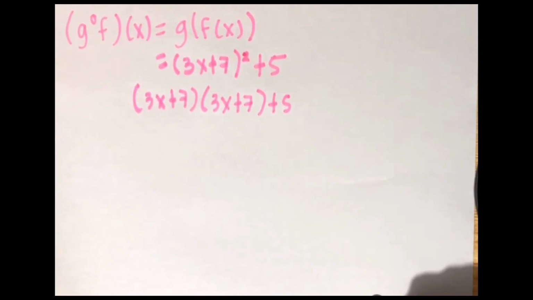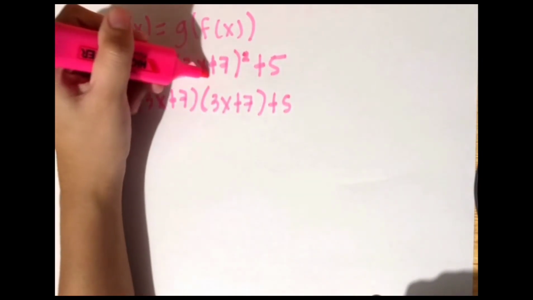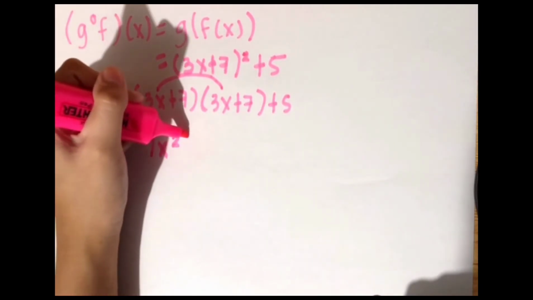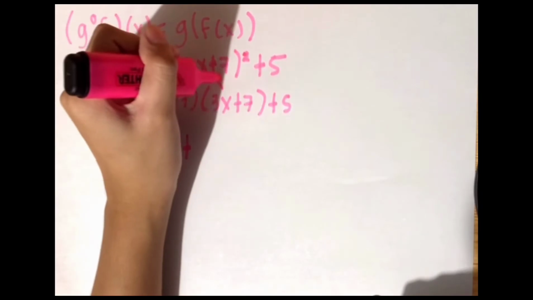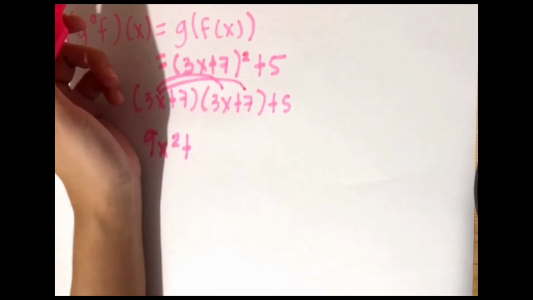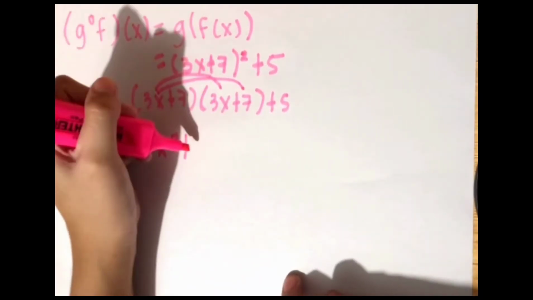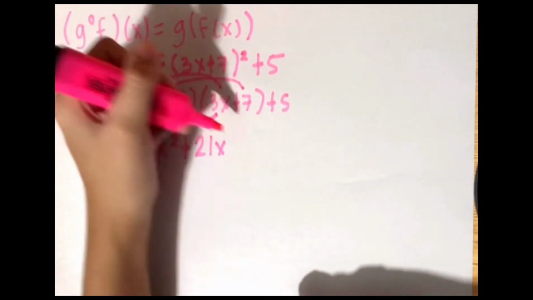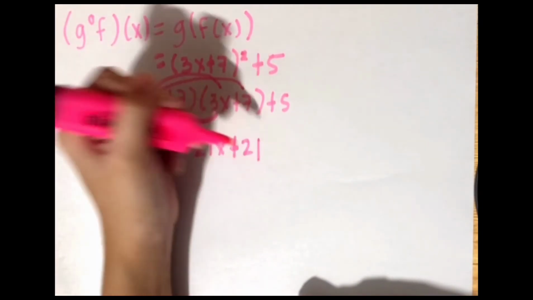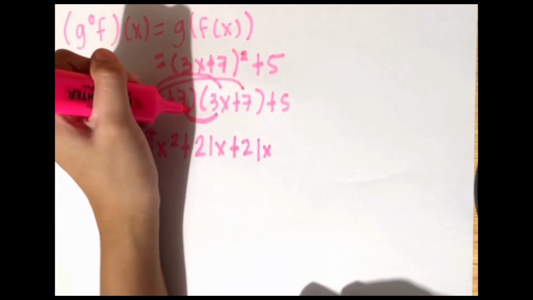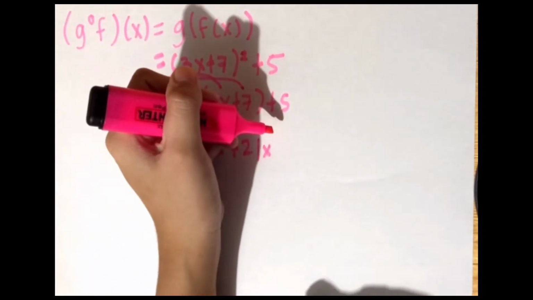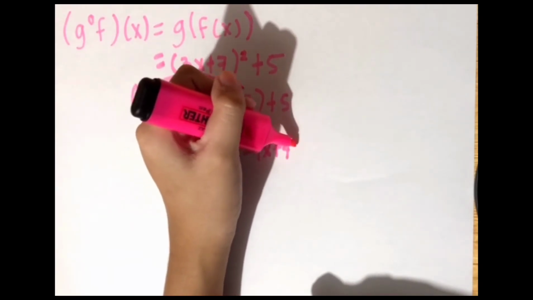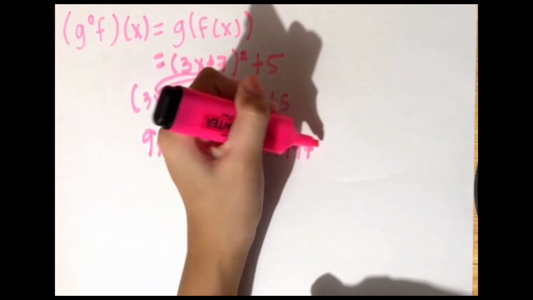Let's use the FOIL method. 3x times 3x is equal to 9x squared, plus 3x times 7 is equal to 21x. 7 times 3x is equal to 21x. And 7 times 7 is equal to 49. Plus 5.